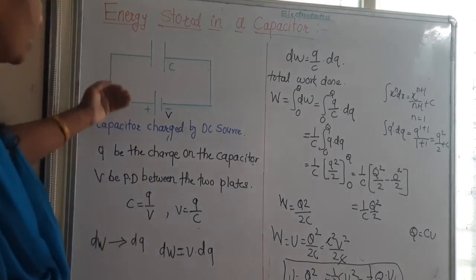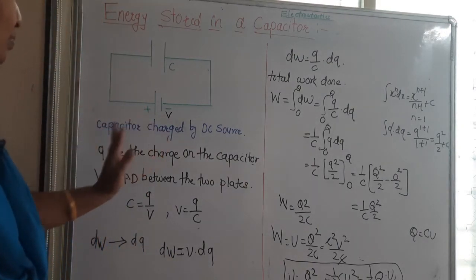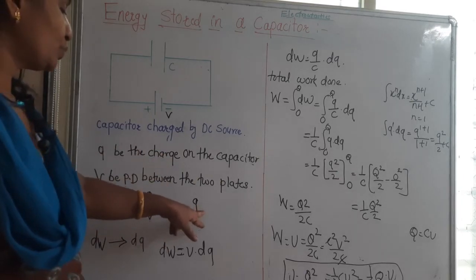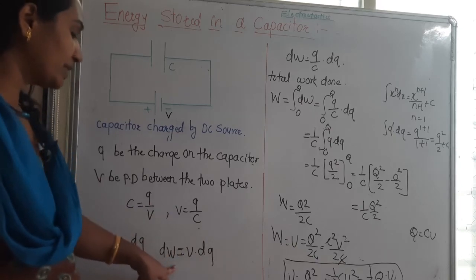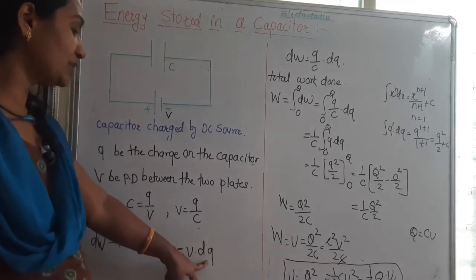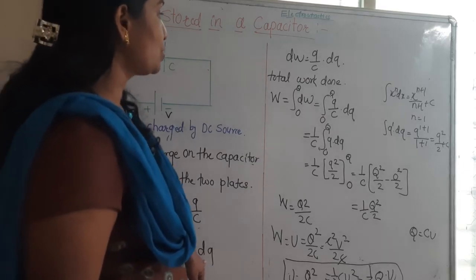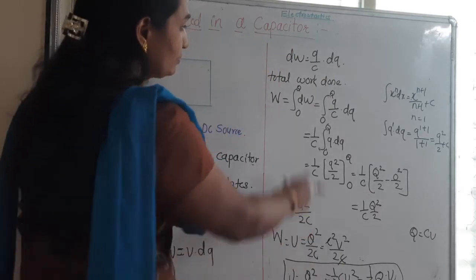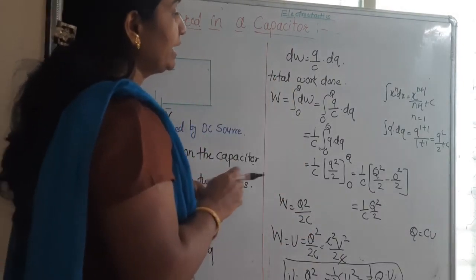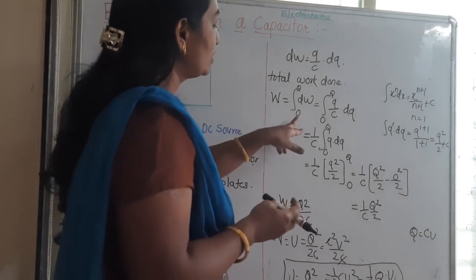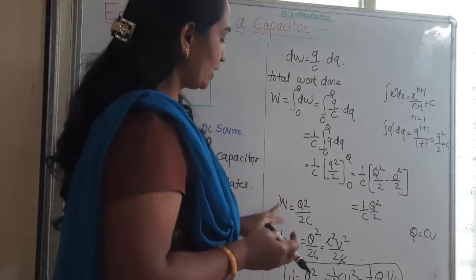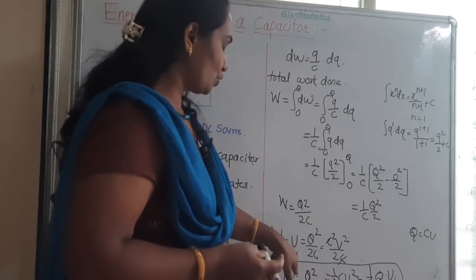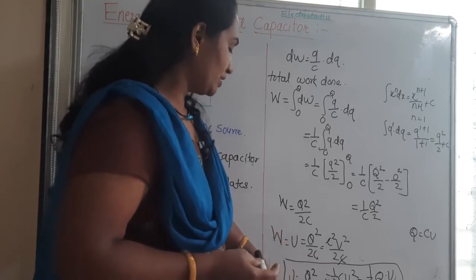In this session we studied that during the charging process, V is equal to Q upon C. The small work dW is done when a small charge dQ flows, so dW is equal to Q upon C into dQ. We then integrated the small work done from 0 to Q and got Q square upon 2C, which is the work stored in the form of electrostatic energy, with its different forms.